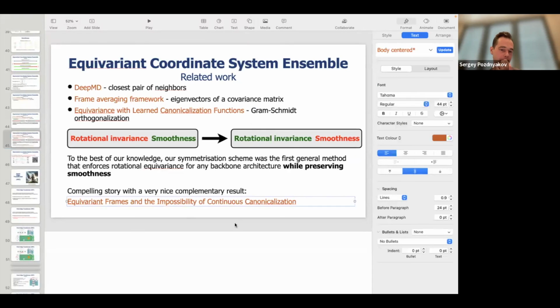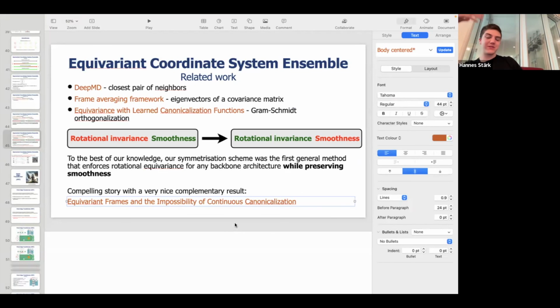Yes, it is this paper. Okay. Then if we think about molecules, could it be that this is no longer a general point cloud, and that there might be some way to have a continuous canonicalization, so that this no longer holds?